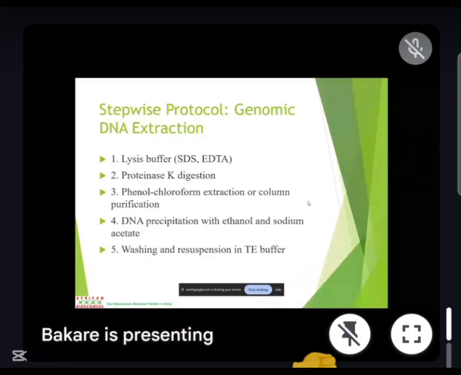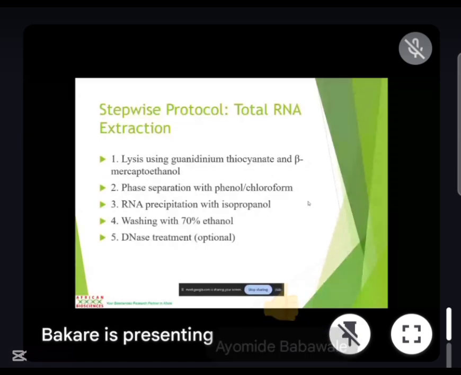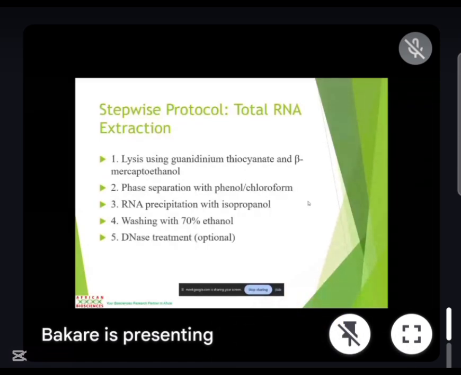Thank you. For RNA now, the lysis buffer for RNA extraction is guanidine thiocyanate or B-mercaptoethanol. And when you're using B-mercaptoethanol, I won't say it's carcinogenic, and I'm not going to say it's not safe, but it's still safe.